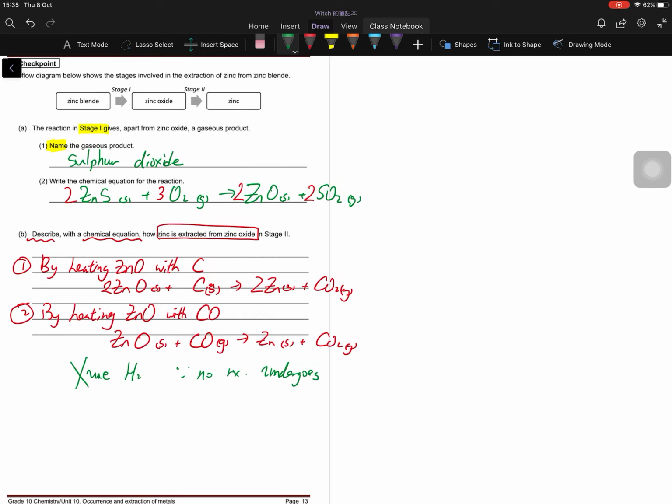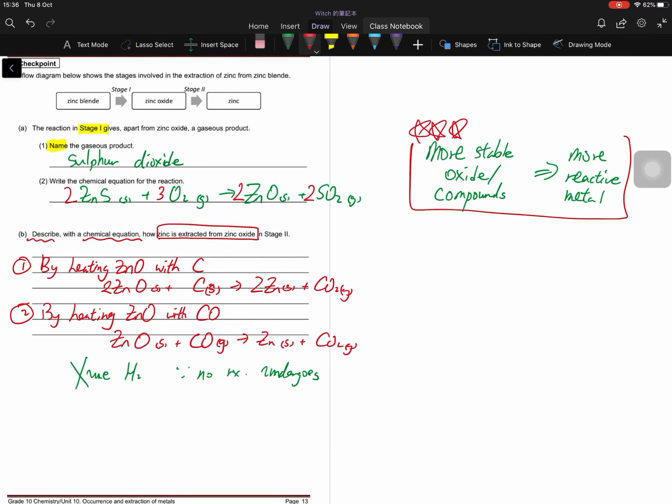In case there is a more stable oxide or compound, that means a more reactive metal. This is a very important idea, so please keep it in mind.